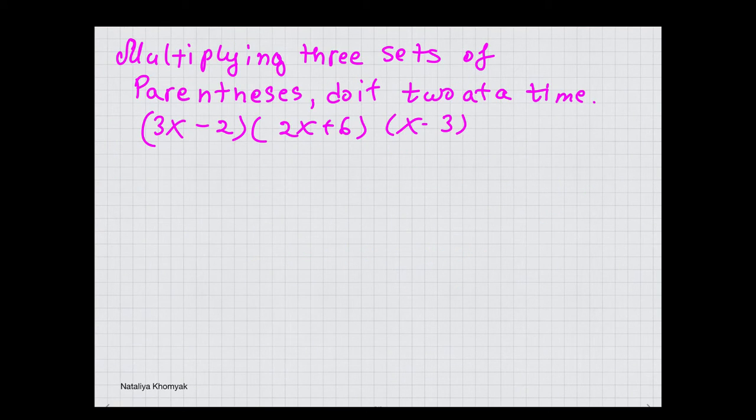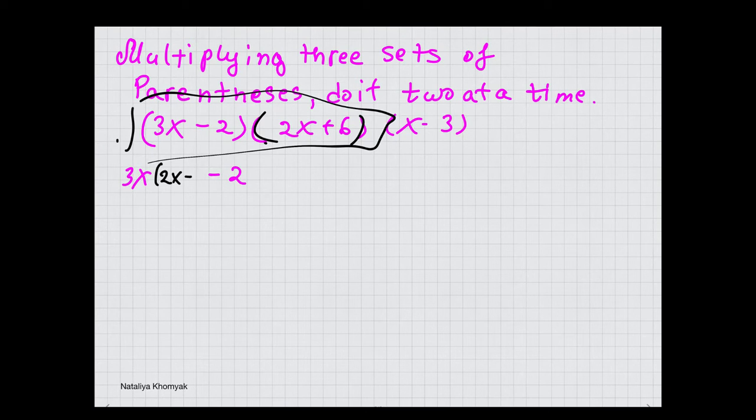Multiplying 3 sets of parentheses. You want to do it 2 at a time. So I'm going to multiply these 2 parentheses first. So I'm going to copy 3x minus 2, and each of them will get 2x plus 6, and I'm going to keep the rest as is. So let's distribute this 3x into this parenthesis.